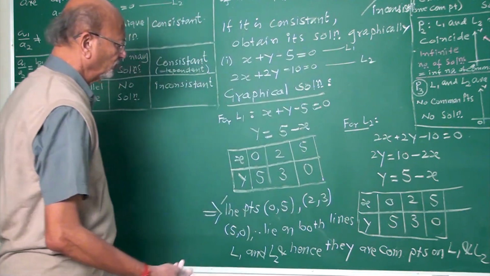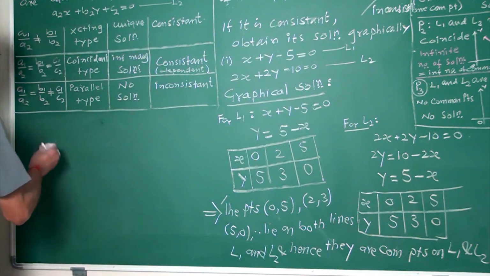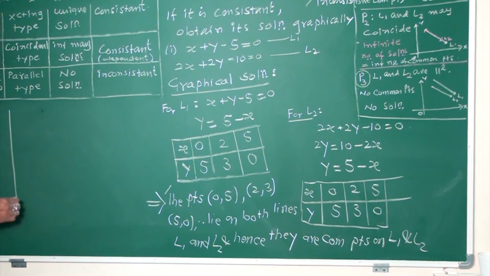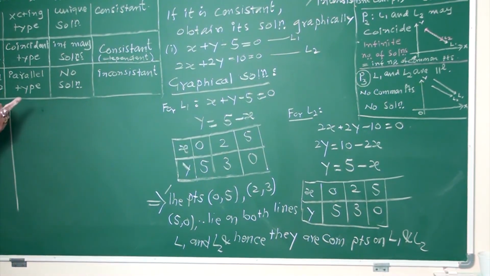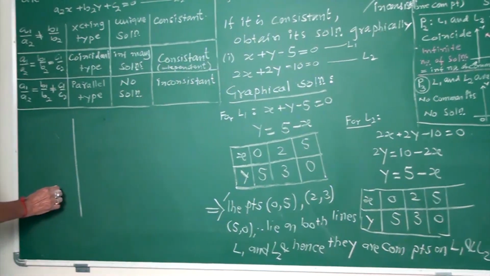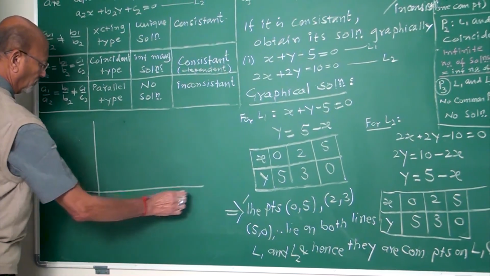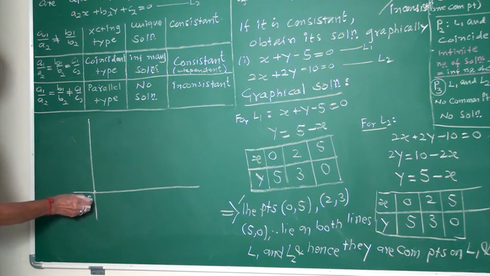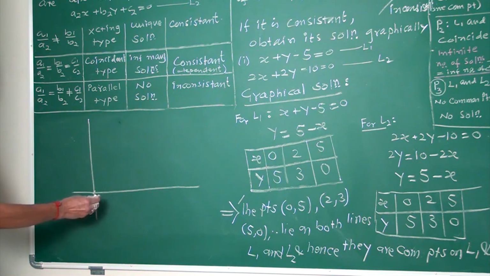On L1 and L2, you draw the same graph. I have taken almost all positive values. Origin starts with 0. I wanted 5 here, above also 5.